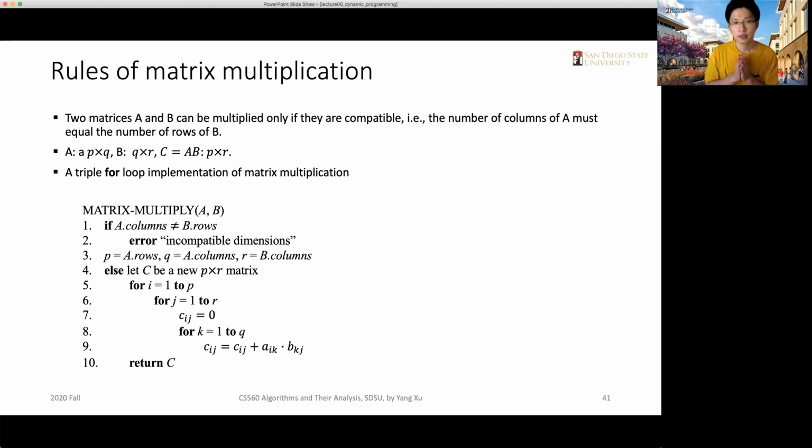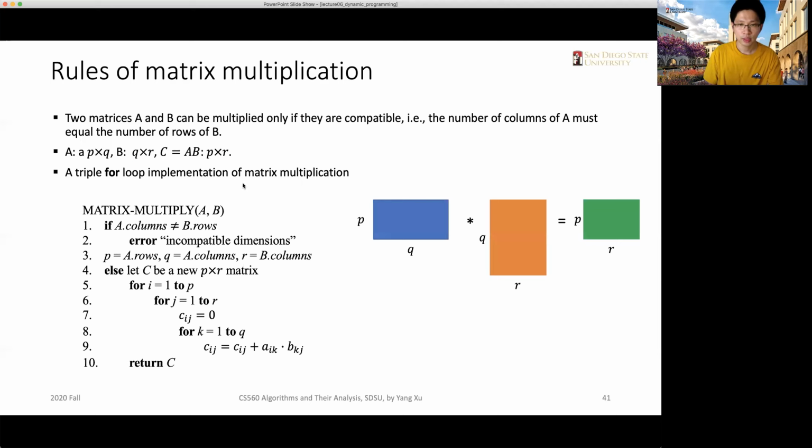Given two matrices A and B as inputs, we will basically use three for loops to compute the result C. First of all, this is quite a sensible implementation, because we check whether A and B are compatible, right?